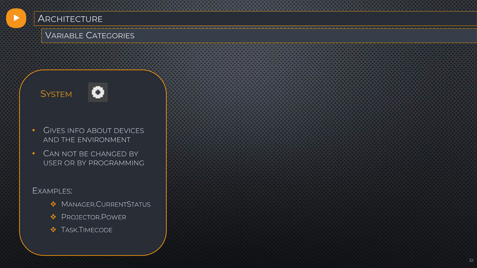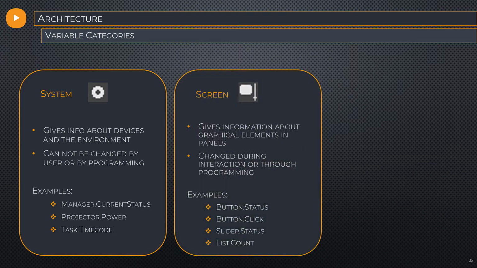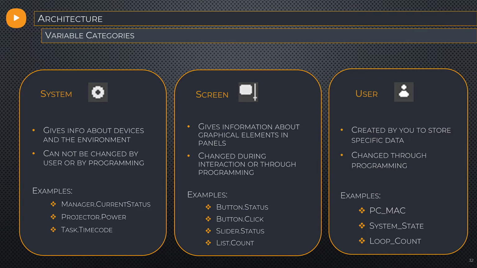System variables are created by Manager devices and tasks. These variables cannot be changed through direct programming as they are primarily feedback related. Screen variables are part of user screen objects and can be updated through direct interaction or through programming. User variables are created by the programmer as needed.